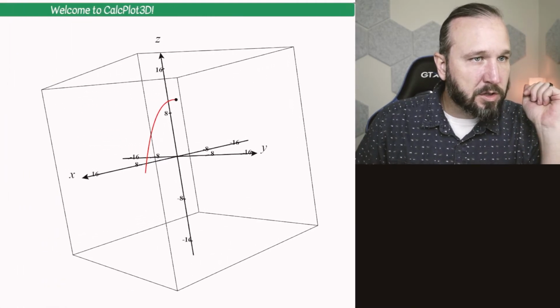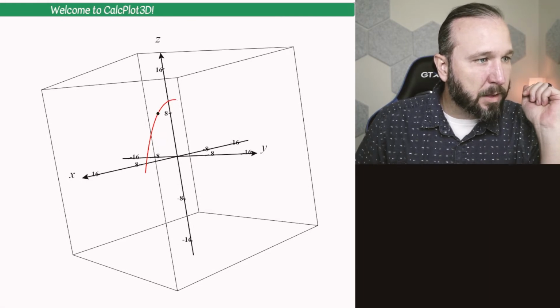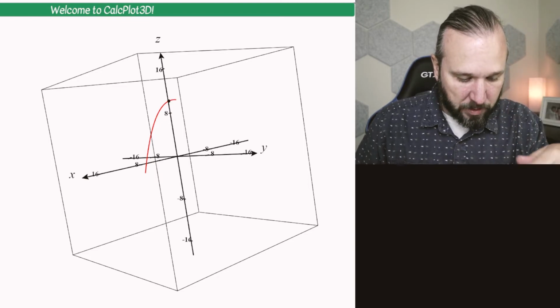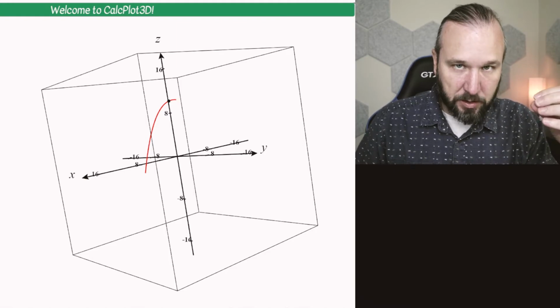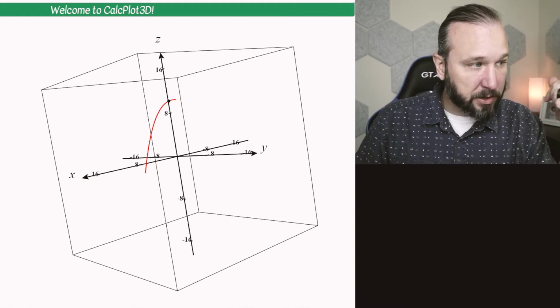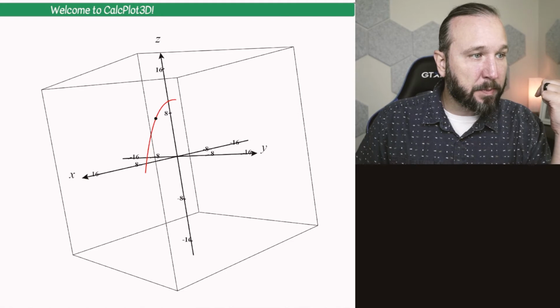So it's kind of nice. You can actually have CalcPlot3D animate this particle moving along the path as well. So, based on our forces acting on this particle and our initial conditions, this is going to be the path that this particle must take.